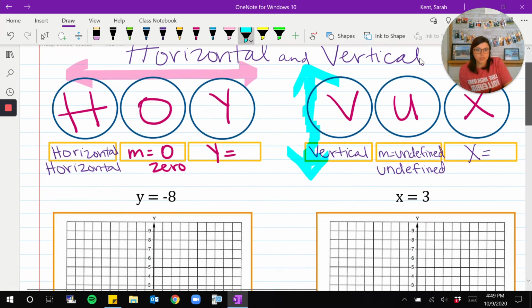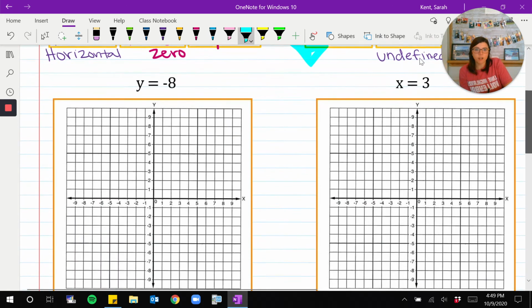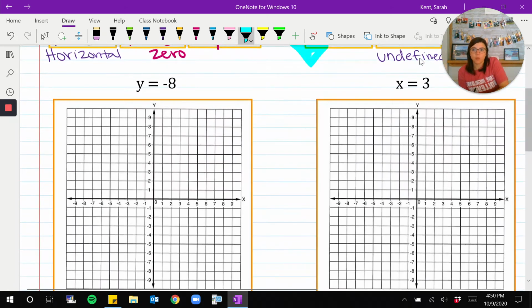All right, so if we take a look, our first equation that we have is y equals -8. So the two things we need to think of, here we've got y, and then we also need our number of -8. So when I see that y, I'm going to think hoy. So I'm going to think horizontal line, 0 slope. And then this -8, since this says y, I'm going to look at my y-axis and look for -8.